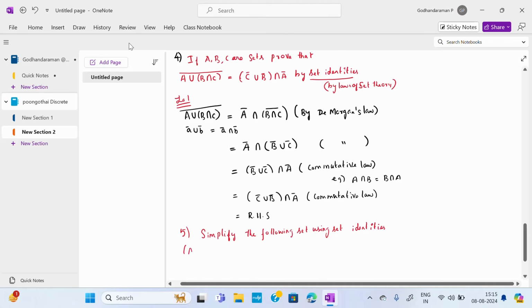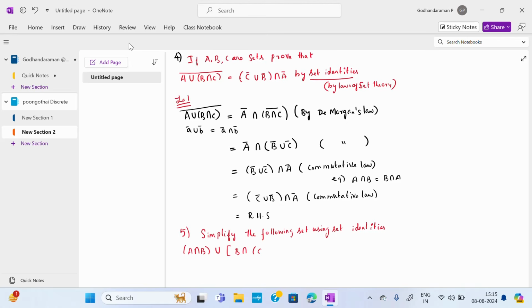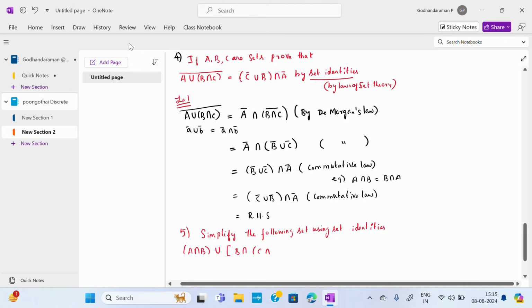The question is A intersection B union B intersection C intersection D union C intersection D bar. This is the only question.